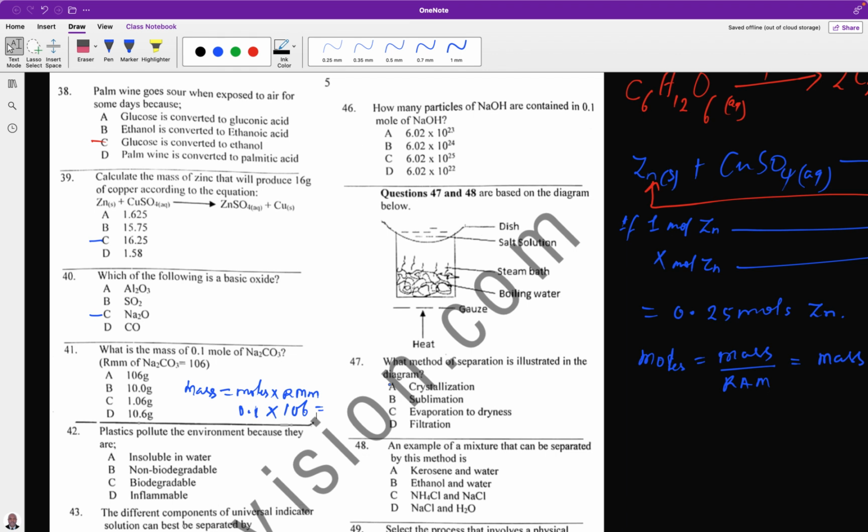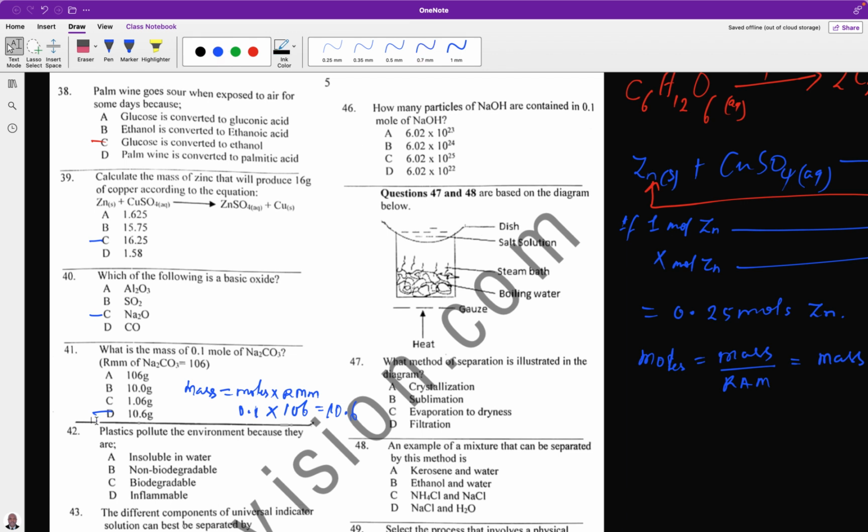The answer, which is D, is 10.6. So our answer for 41 is D.